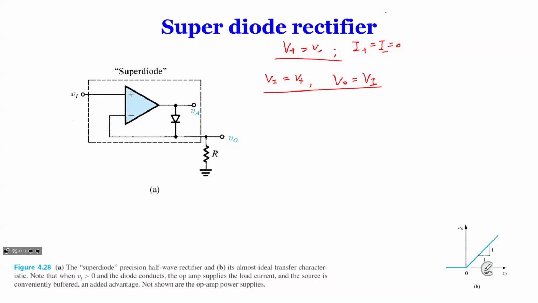Well, you have to be careful. If Vi is larger than 0, and you say VO is Vi. Now, the reason we want to do this is we want to find the current. So you say, what is IO? IO is going to be VO over R. And what is ID then?